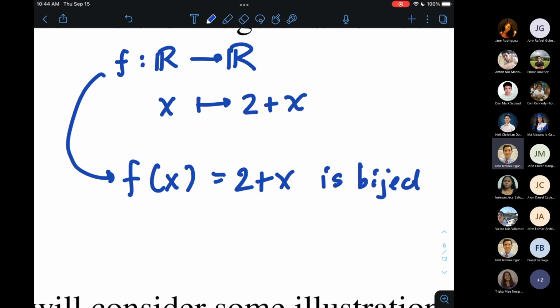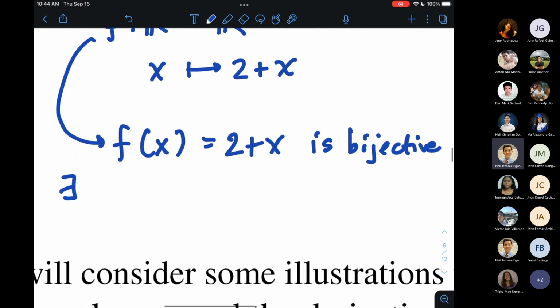Ito yung in-note natin last time. Dahil to ay bijective, ibig sabihin siya ay invertible, right? Dahil siya ay invertible, so there exists an f inverse. Ano yung f inverse? Actually, hindi na to there exists kasi si f inverse. Anyone remember what f inverse is?